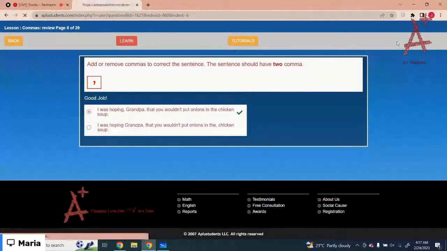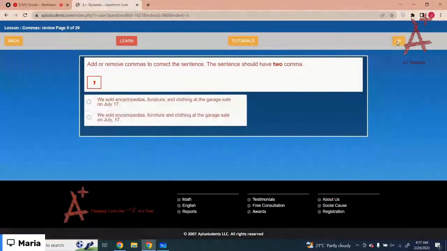Okay, the next one is: we sold encyclopedias, furniture and clothing at the garage sale on July 17. So which is the correct option? Option one or option two?